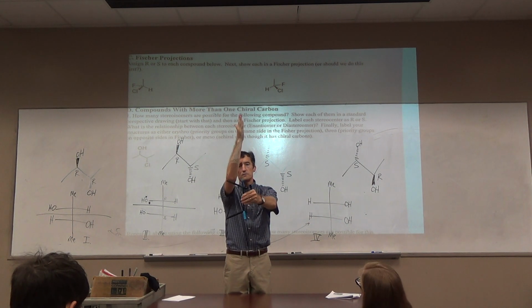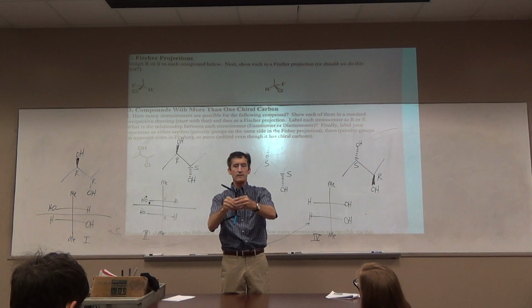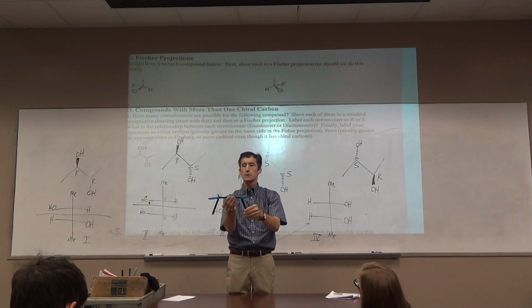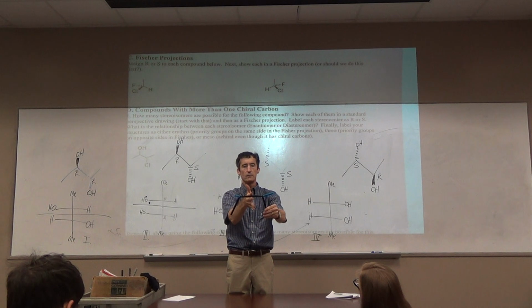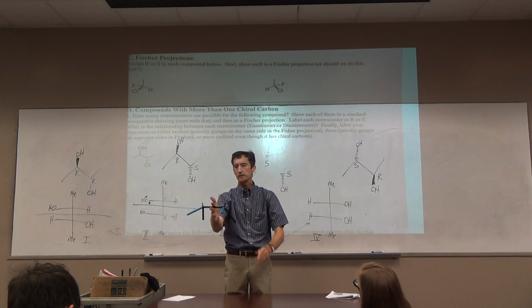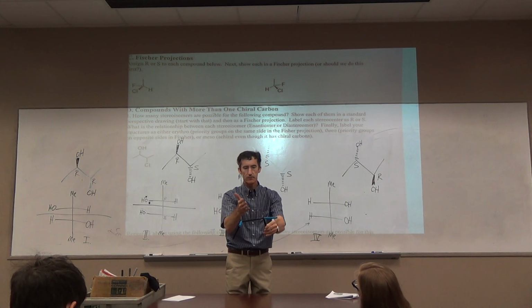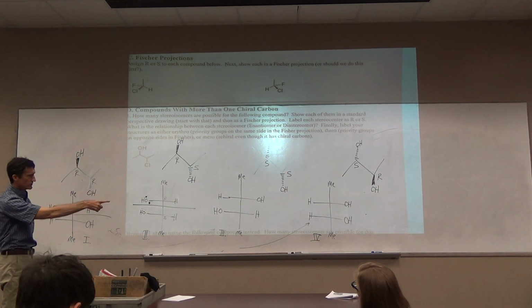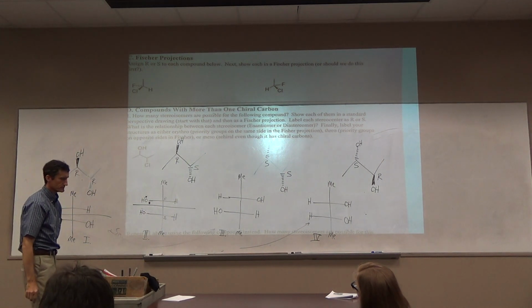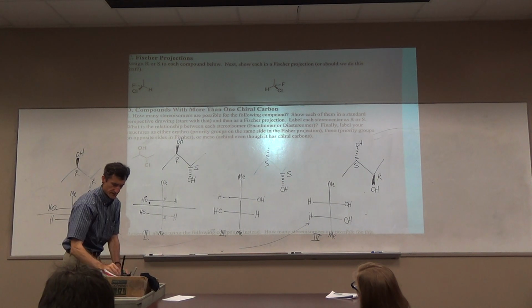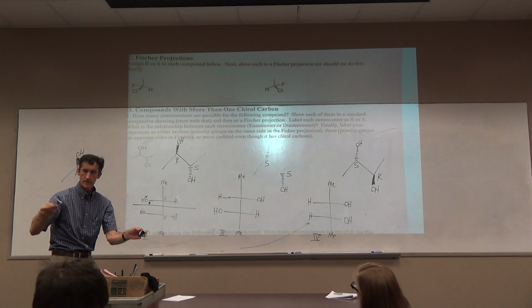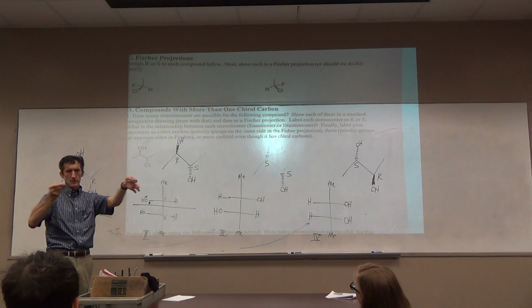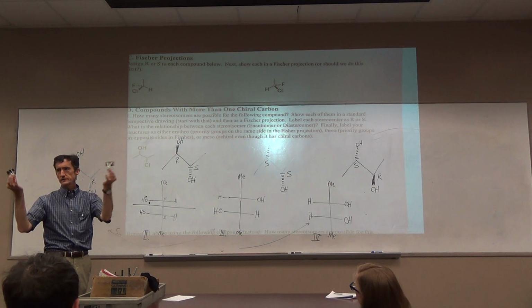Now, it's not vertical, because I got 2 methyls over here, I have to have 2 methyls over here. But right there is your plane of symmetry. If you wanted to come up here and look at this later, it's right there. But you can also see it right here. So what's the relationship between 2 and 4? It's the same as this. What's the relationship between this and this? They're mirror images. It's the same.